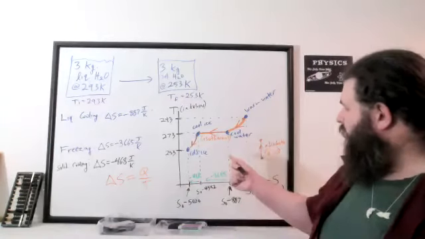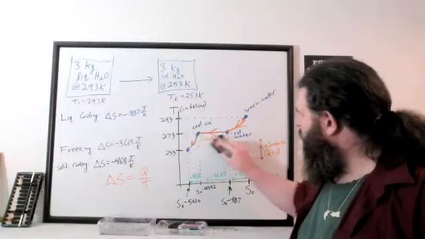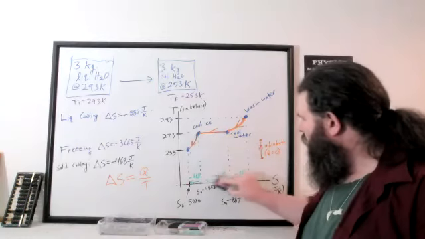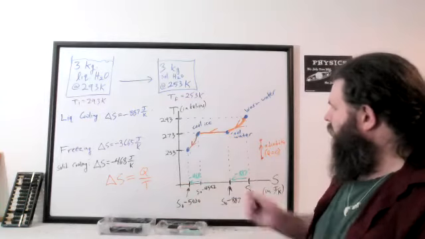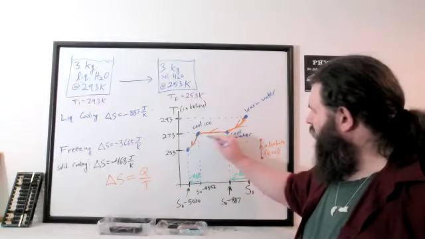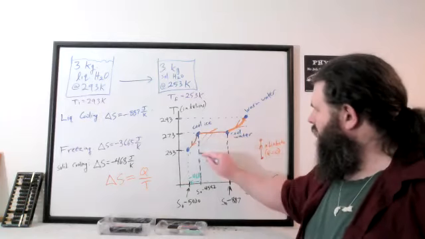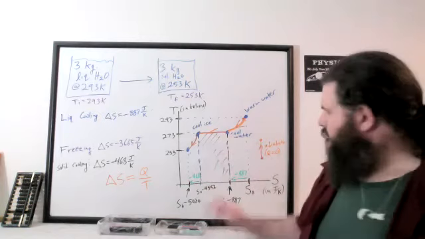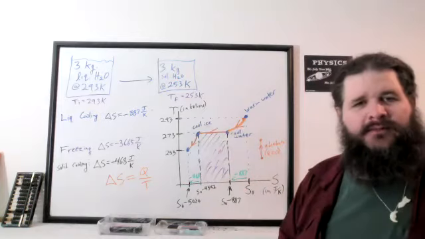For the temperature versus entropy graph though, let's try that same approach here. Specifically, let's take a look at the isothermal process, this flat line in the middle, because flat lines are much easier to analyze area. If we take a look at just this isothermal process in the middle, and we look at the area under just that section, ignoring the curves. Flat line, area under the flat line means we just get a rectangle.